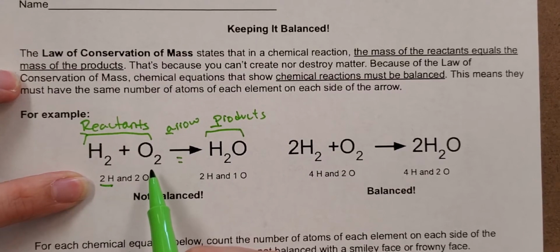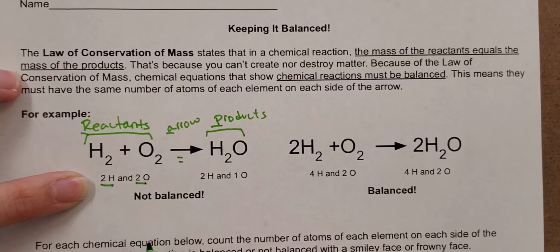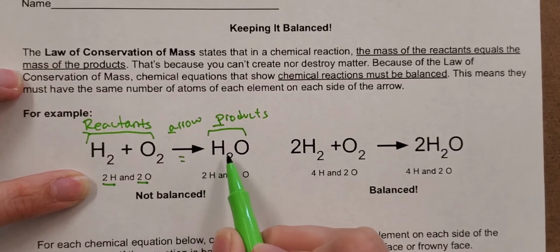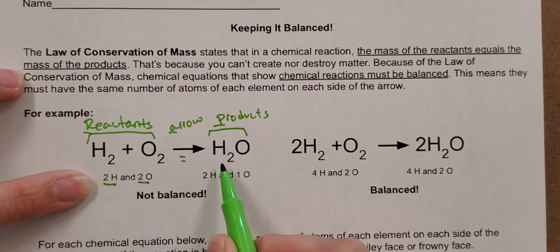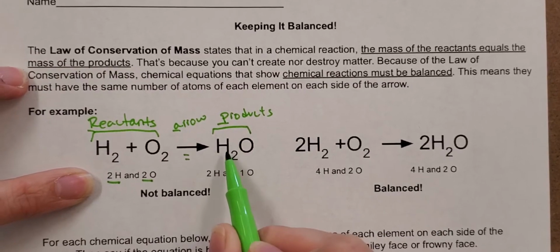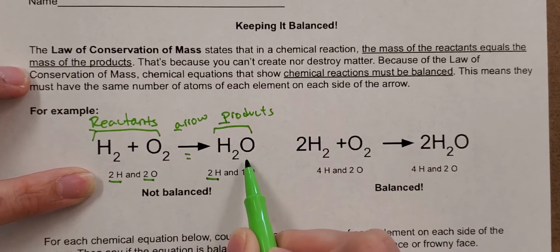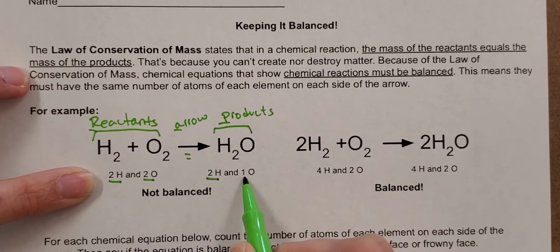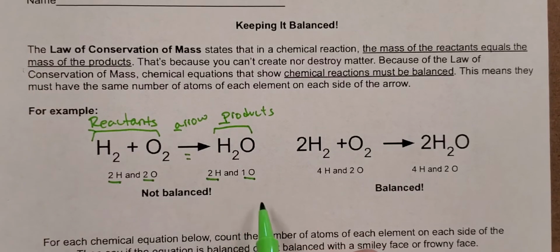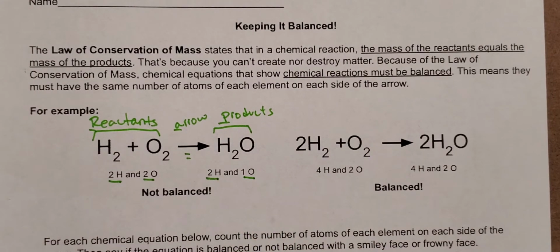And then I have O2, so that means I have two atoms of oxygen. On my product side, I have again H2, so that's two hydrogens, but I only have one oxygen. Just like when we practiced with our Captain Crunch, we see that these are not balanced.